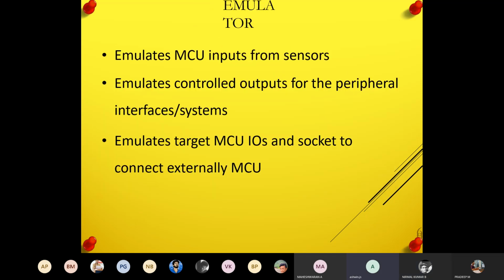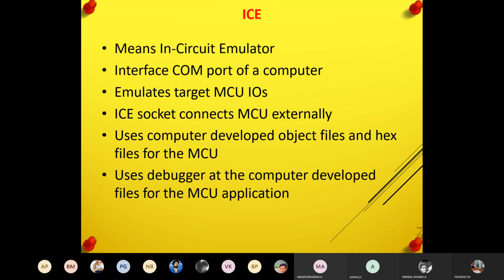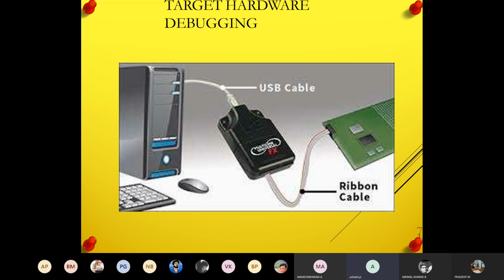And the last one is target hardware debugging. So I completed the embedded system. Now I want to check the entire process. So what I will do, I will connect that embedded system to your laptop or a CPU, and that laptop or CPU is nothing but the host, and the embedded system which you are connecting is your target.